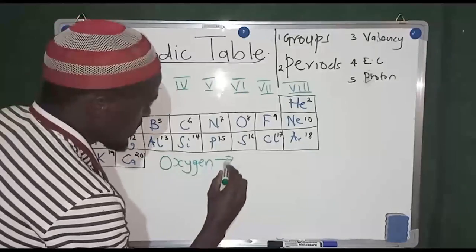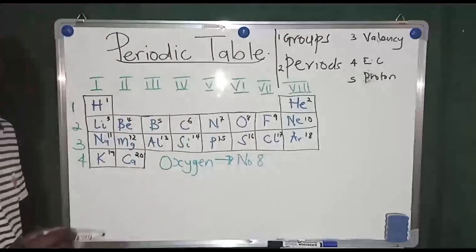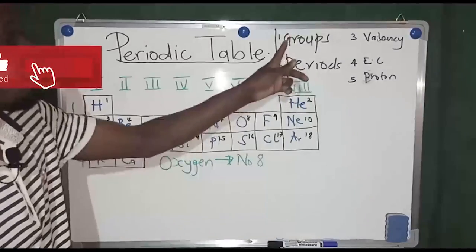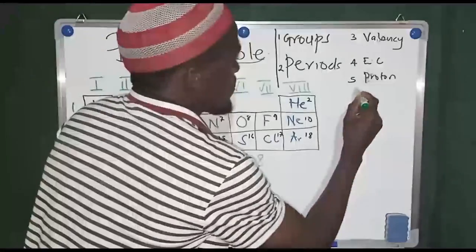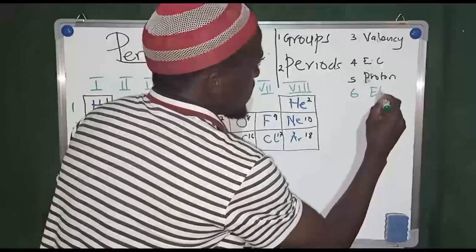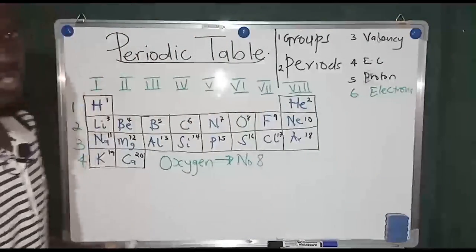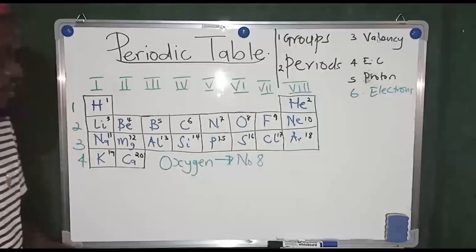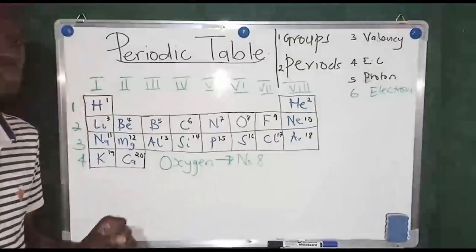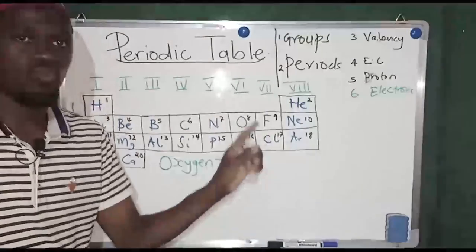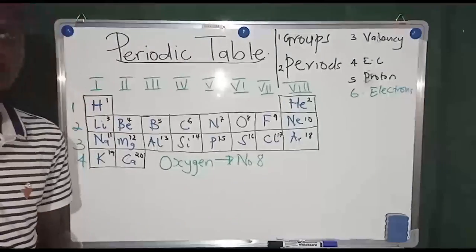This will help you to know the group, the period, the valence, the number of protons, the number of electrons and the electronic configuration. So if you know the number of an element, you are able to know all the information concerning that very element.